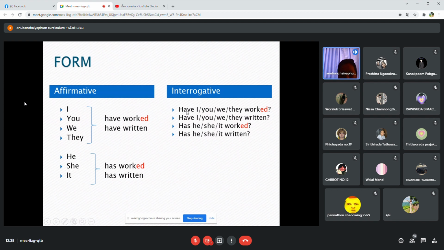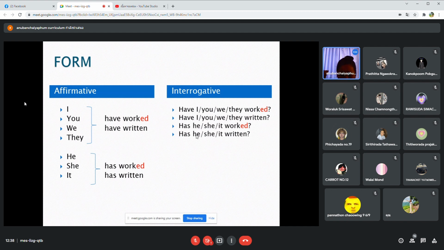So have plus I plus your past participle. Again, here in written, I have written. If we change I have written into interrogative, it becomes have I written? So at the end, it will become a question. Do you understand now?